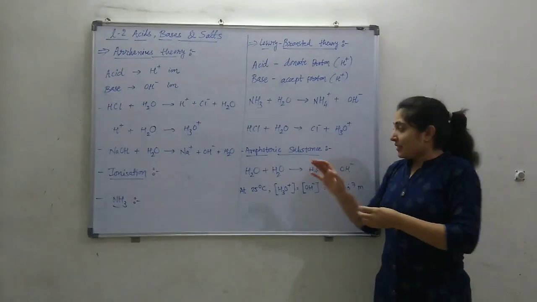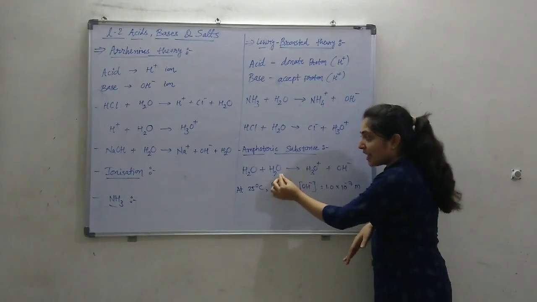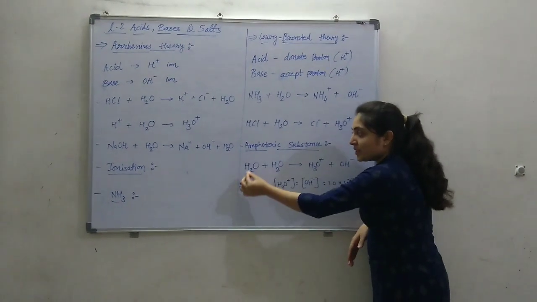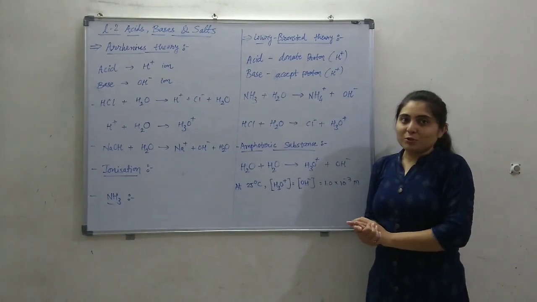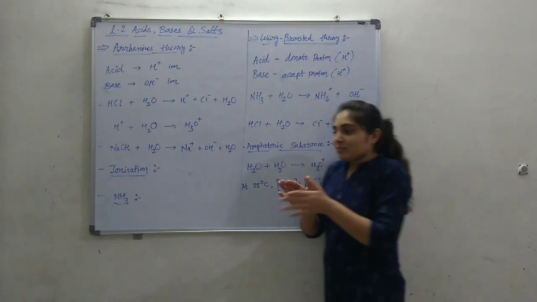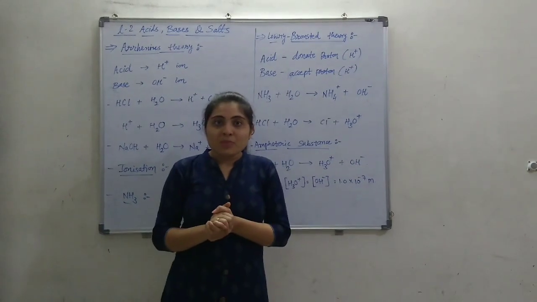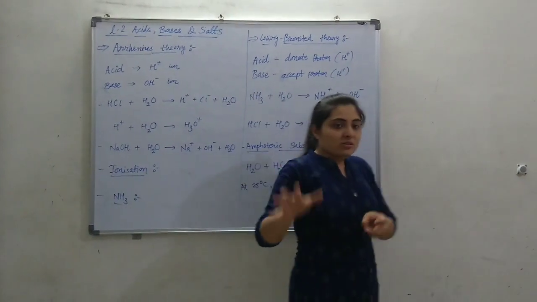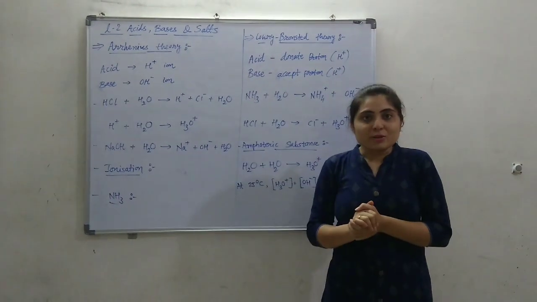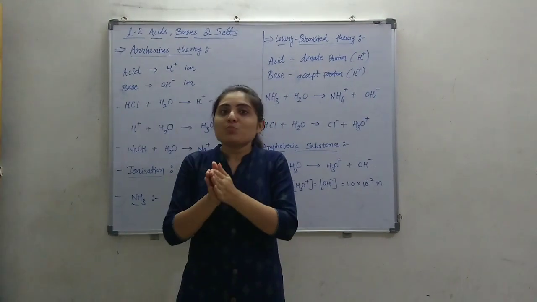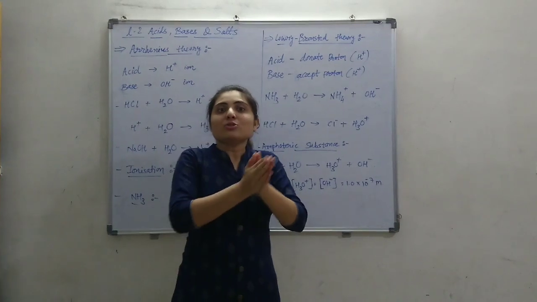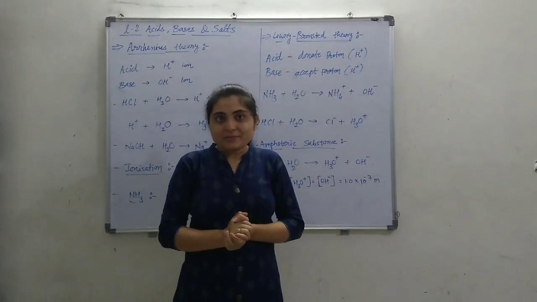But you can see that the number of H plus given to another molecule equals the number of OH minus obtained. It means in pure water, when some of the water molecules are in ionized form, the number of H plus is equal to the number of OH minus ions.